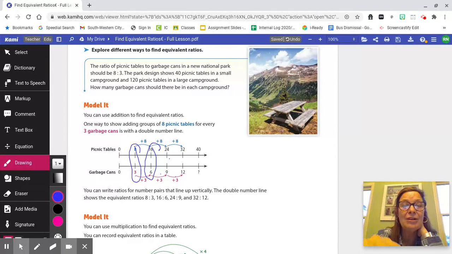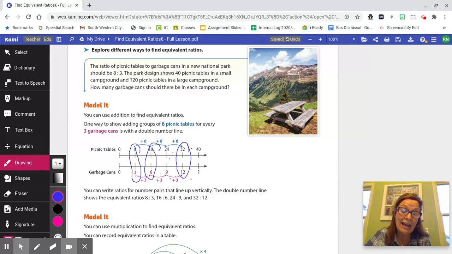So each time I just added 8 to picnic tables and 3 to the garbage cans, because each group has 8 picnic tables and 3 garbage cans. You can make sure that these are the equivalent ratios. And the ratios are 32 to 12, 24 to 9. So they're right over top of each other.